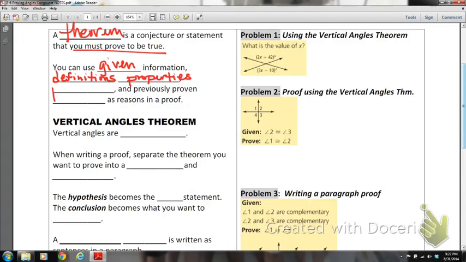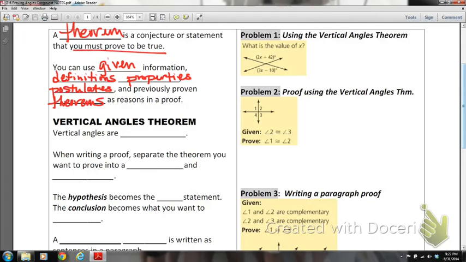We can use postulates, which once again are rules or axioms that we don't have to prove. We can accept them to be true. And we can also use previously proven theorems to prove other theorems. If we have previously proven them, we can use them in a proof for something else.